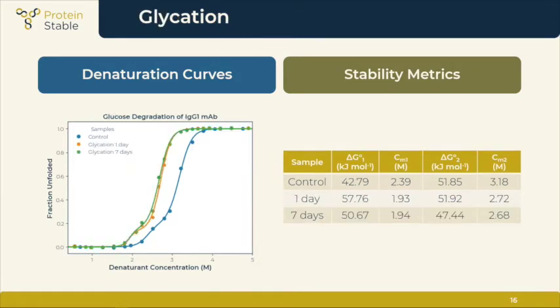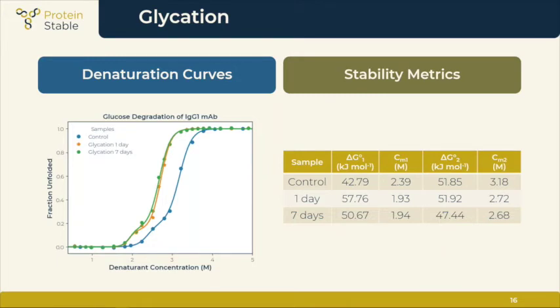Next, we've got a glycation example here. In this case, the antibody was introduced to a glucose solution and then incubated for 1 day and 7 days. And then we compare the different examples together. So again, the glycation process has reduced the stability of the antibody. The transition regions are shifted towards lower denaturant concentrations.